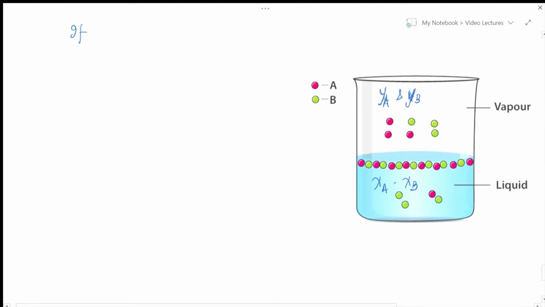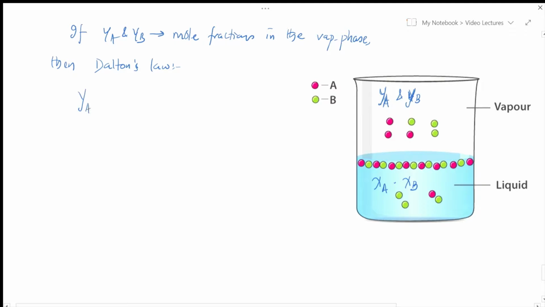If Ya and Yb are mole fractions in the vapor phase, then we can use Dalton's law of partial pressures to get the values of Ya and Yb. Now we know from Dalton's law that mole fraction of a component is the ratio of partial pressure to total pressure. Or we can write this as Pa by P naught solution, which is the total pressure.